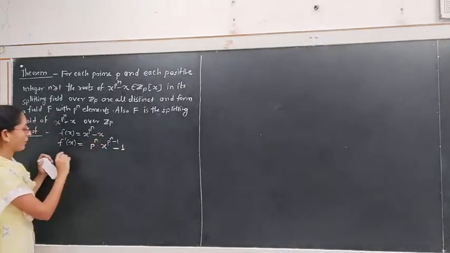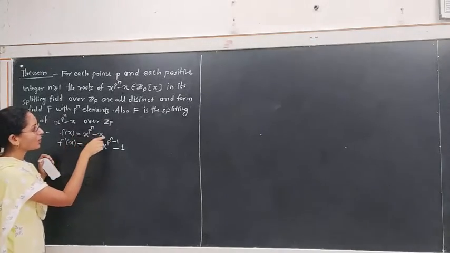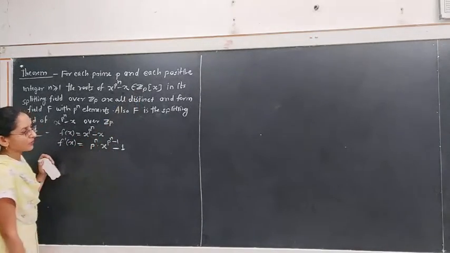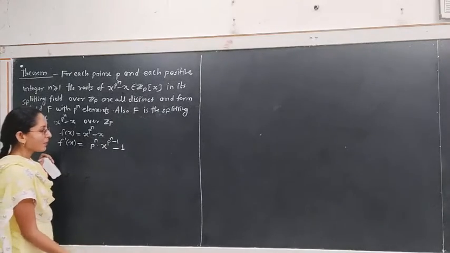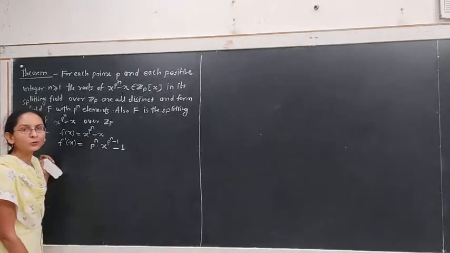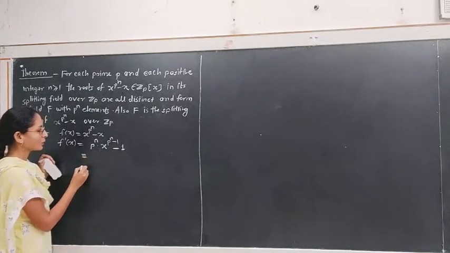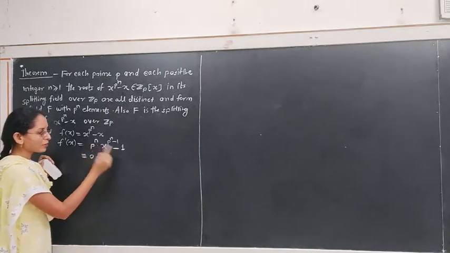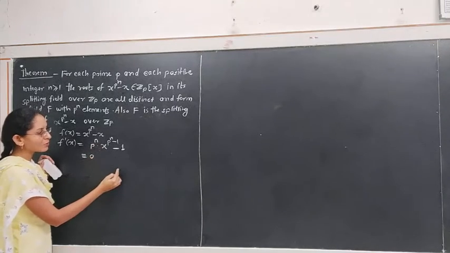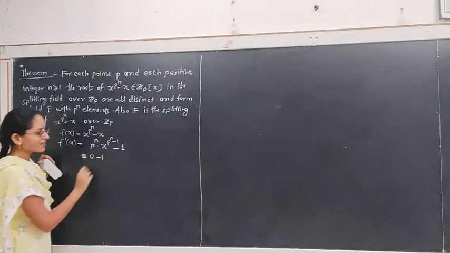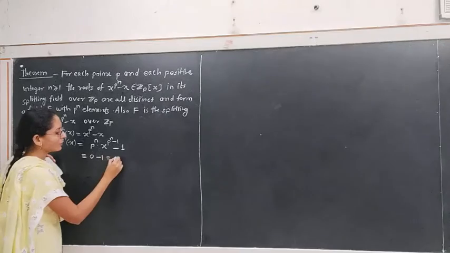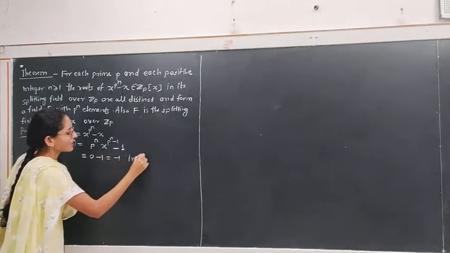In Zp, we are finding the derivative of this polynomial f(x) in Zp. Hence, in Zp, p raised to n is congruent to 0 modulo p. That is, p is congruent to 0, hence p raised to n is congruent to 0 modulo p, and minus 1 is equal to minus 1 in Zp.